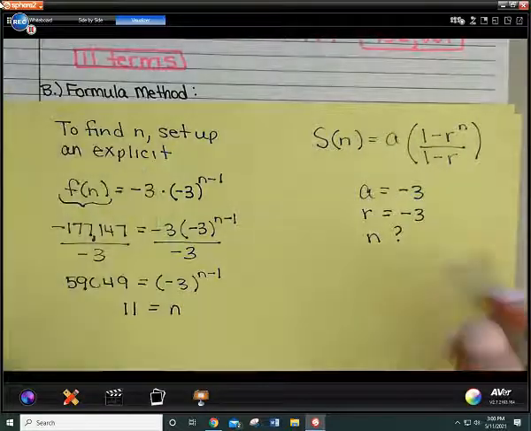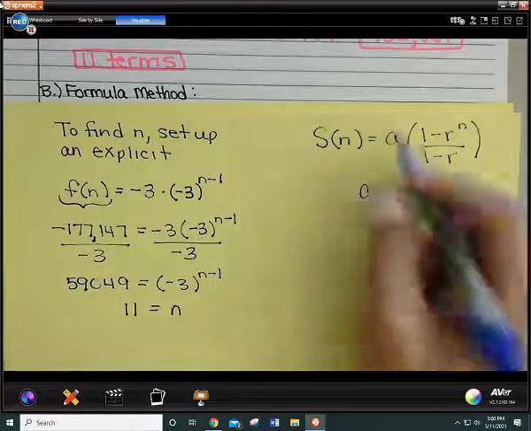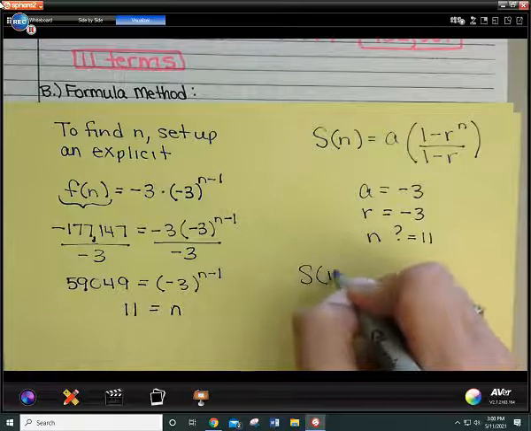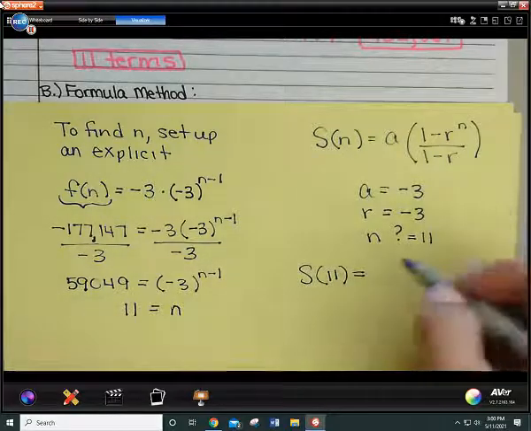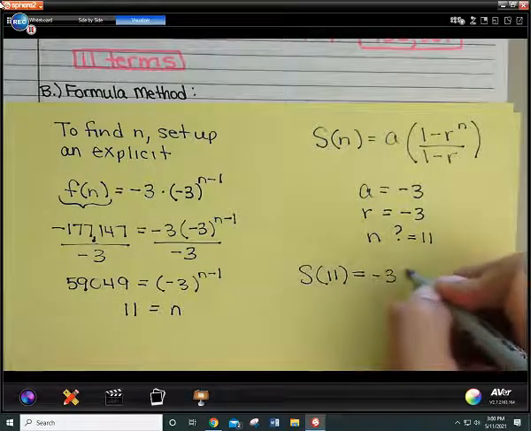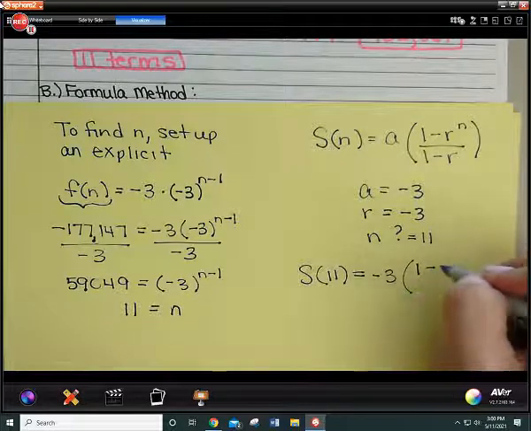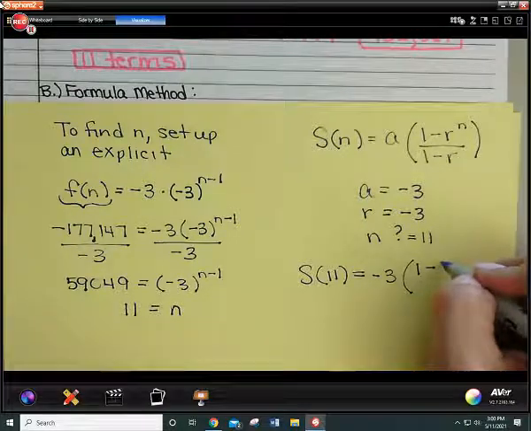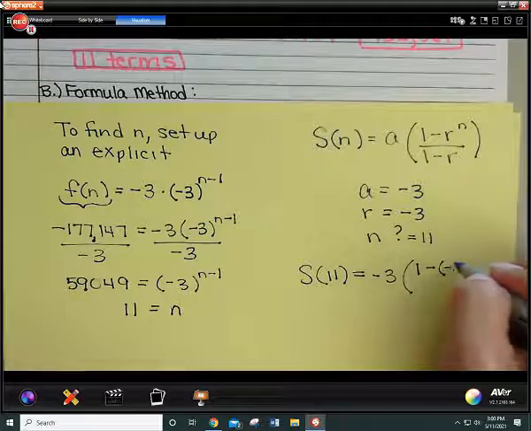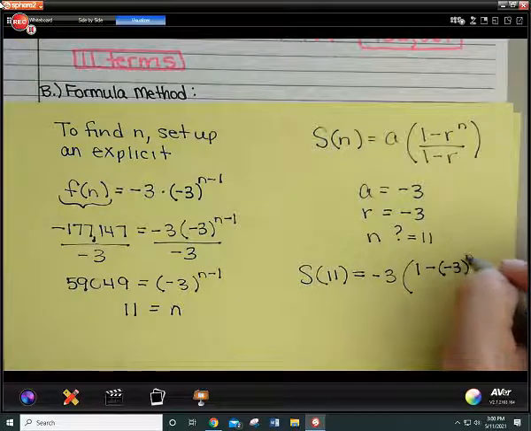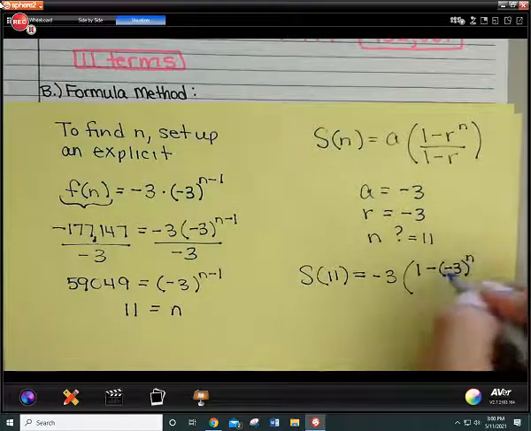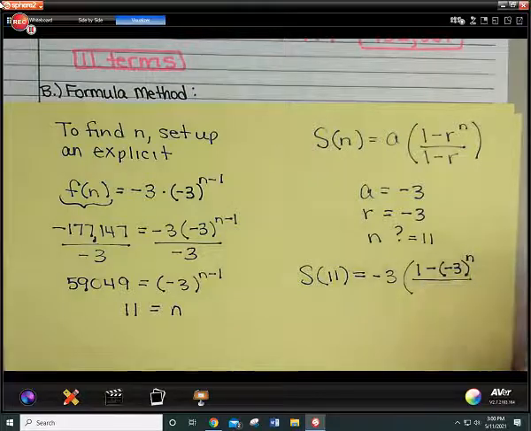And now I can plug that in. All right, so the sum of the first 11 terms is going to be the first term, so -3 times 1 minus, now be careful here because your r is -3 to the n. You cannot simplify that double negative just yet.